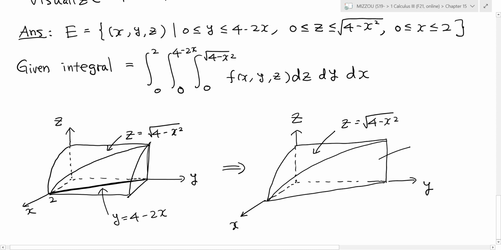And then this is the plane defined by y equals 4 minus 2x. Okay, then now that's fine. That's essentially the answer.